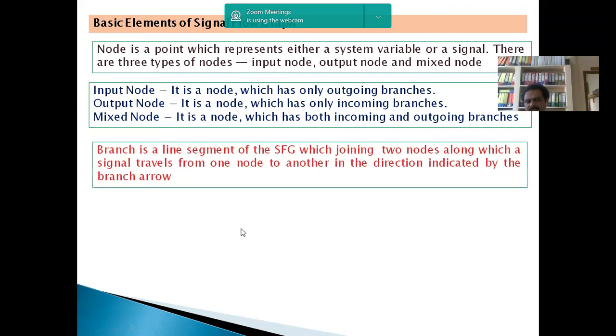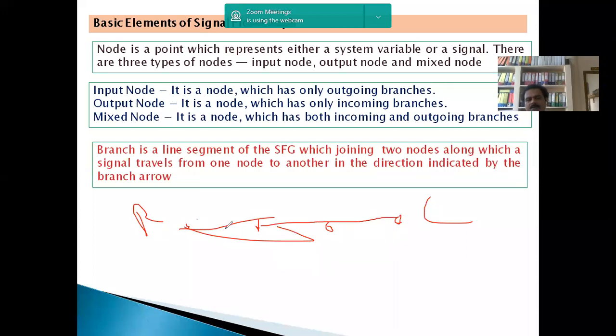Okay. So next, what is a branch? A branch is a line segment of the signal flow graph, SFG meaning signal flow graph, which joins two nodes, along which a signal travels from one node to another in the direction indicated by the branch arrow. So we have seen this signal flow graph, where the input node is R, the output node is C, and the intermediate nodes are where the signal is flowing from input to output.